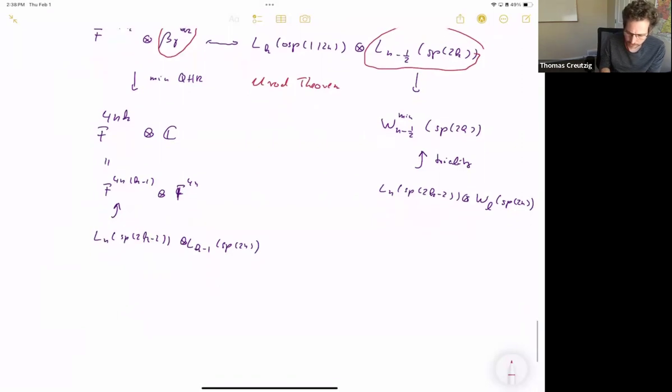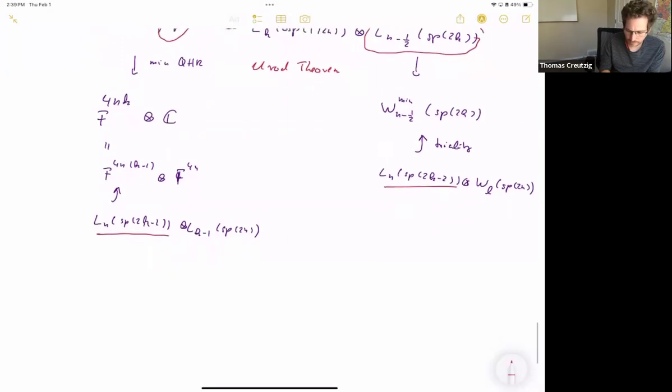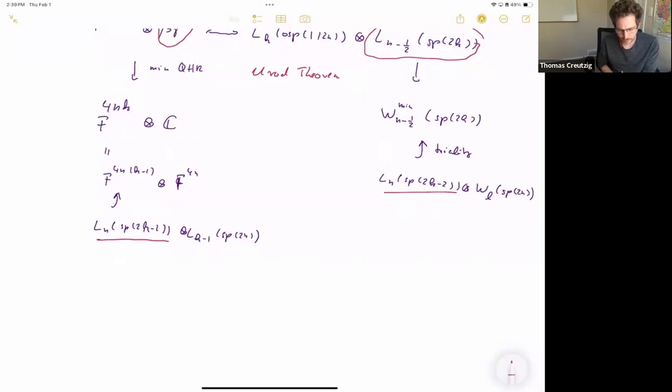And if one follows the proof of the Urot theorem carefully, one sees that this affine SP2k minus 2 and these ones are the same. So in particular, the commutants are the same. On the left-hand side, the commutant is precisely an SP2n at level k minus 1 times the 4n free fermions.